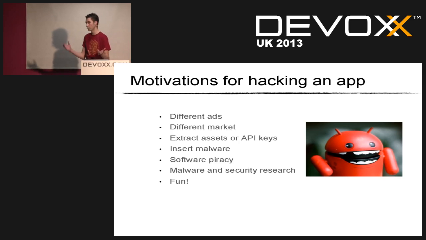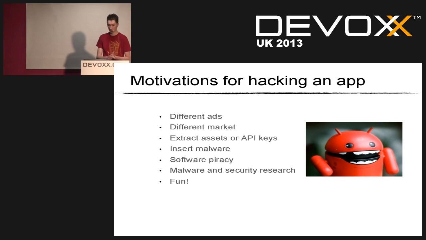Software piracy, such as removing the need to pay for a game. Also, security companies like Lookout and Symantec hack apps to check for malware and to validate that they're not malware. And fun. It's fairly easy to do.